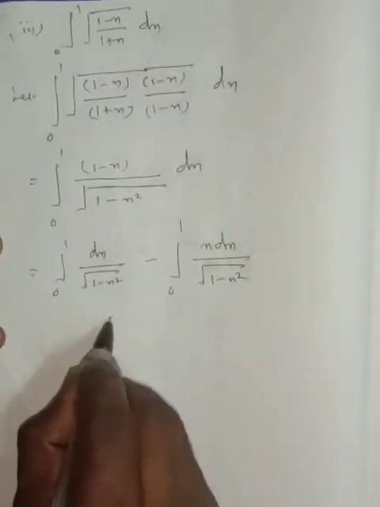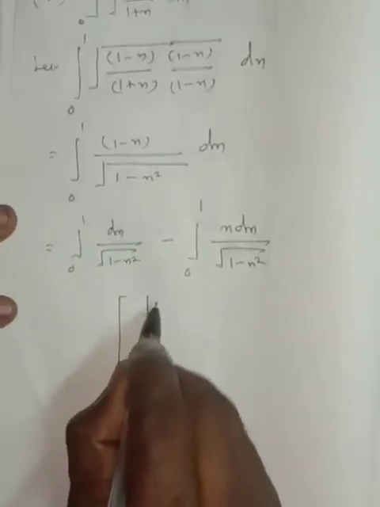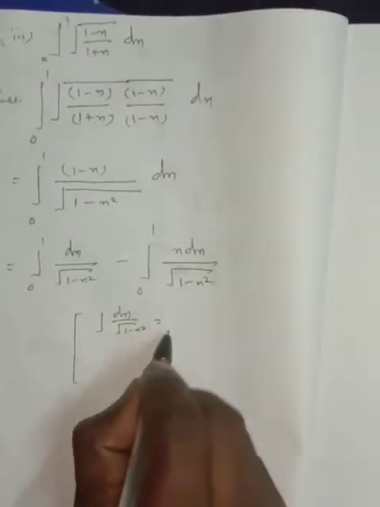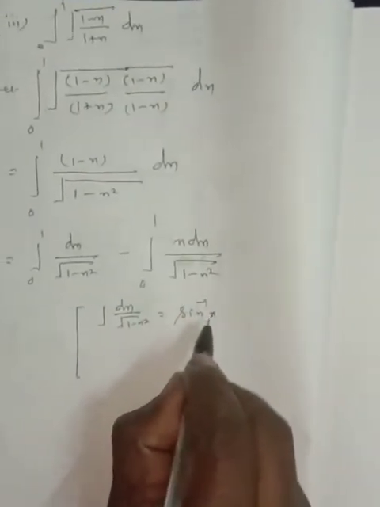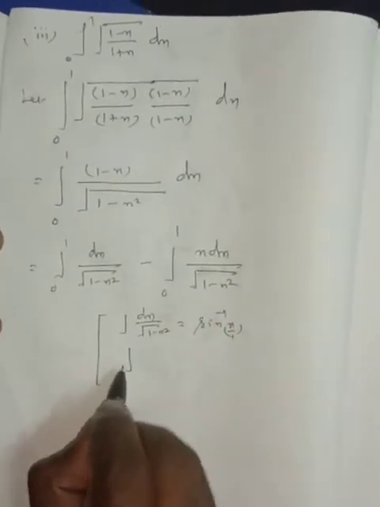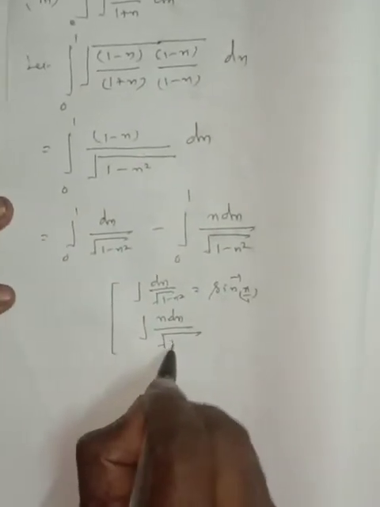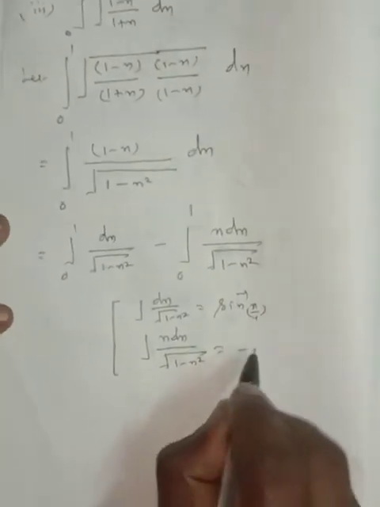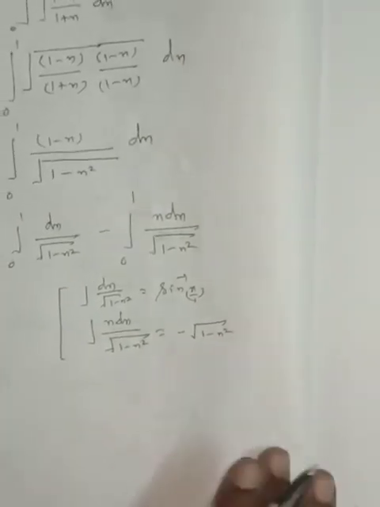We know that integral dx divided by square root of 1 minus x square is sine inverse of x, and integral x dx divided by root of 1 minus x square is minus root of 1 minus x square. These two are very important formulas.